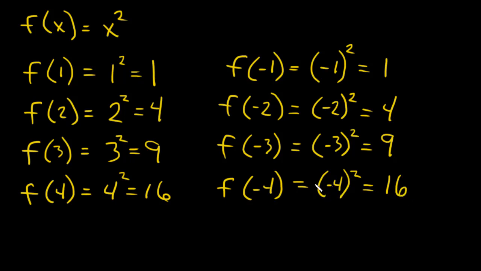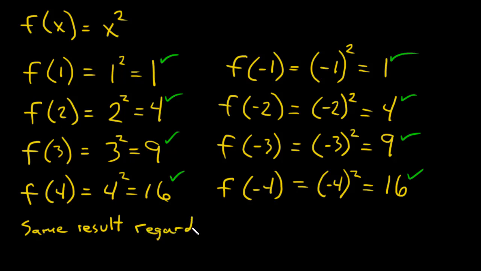Alrighty. So, notice anything interesting between plugging in positive 1 and negative 1? Yep, they had the same values. Same thing for positive 2, negative 2, positive 3, negative 3, and positive 4, negative 4. So what it looks like is I get the same result regardless of the sign.